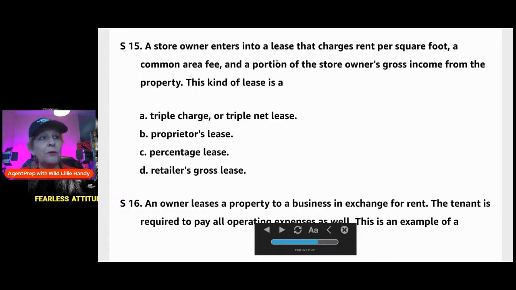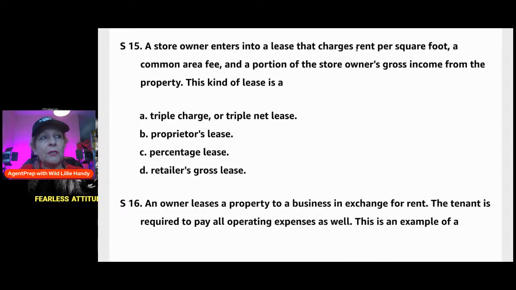So the store owner enters into a lease that charges rent per square foot, a common area fee, and a portion of the store owner's gross income. So what kind of a lease is it?